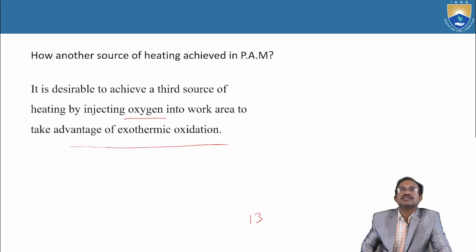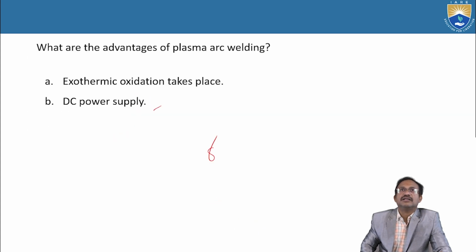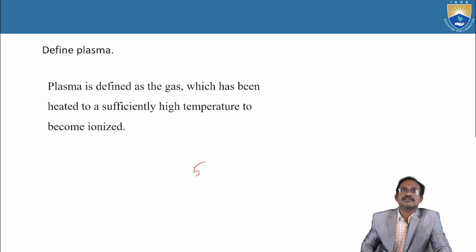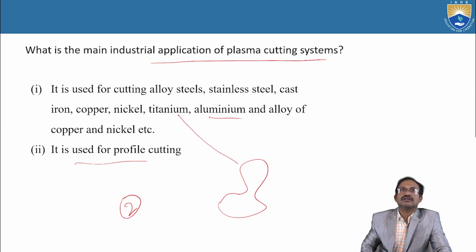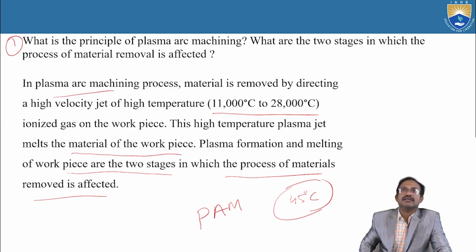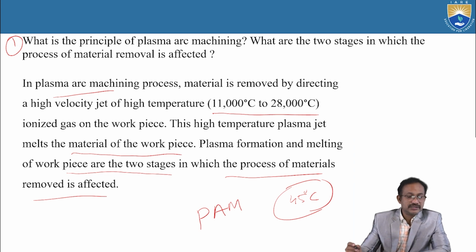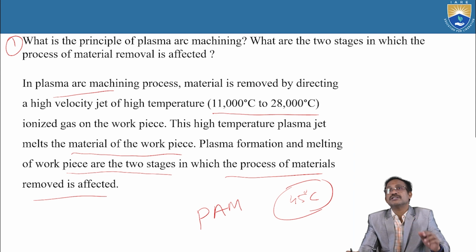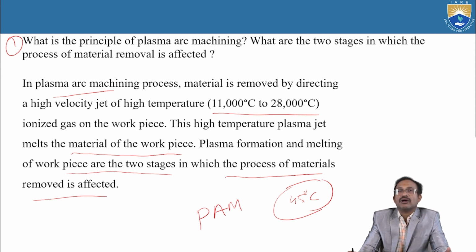Before we finish, let us revisit the important points of this presentation. It is a very important point, the temperature. In plasma arc machining, the material is removed by directing a high velocity jet of high temperature, about 11,000 to 28,000 degrees centigrade, ionized gas on the workpiece.